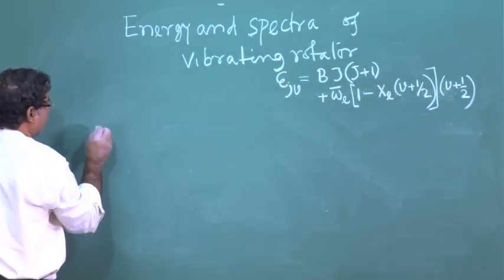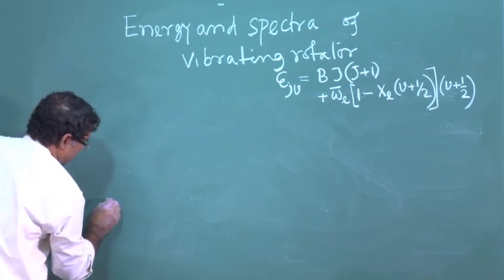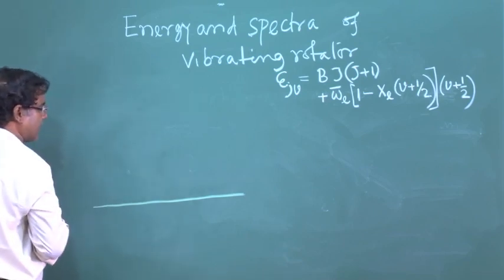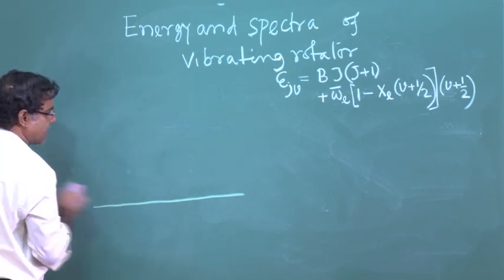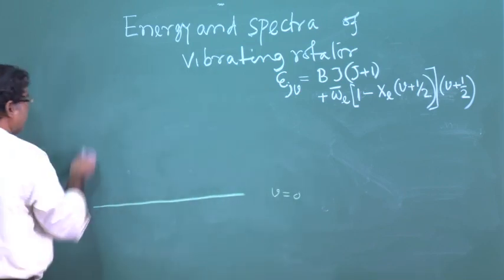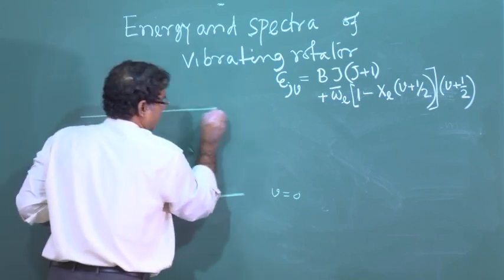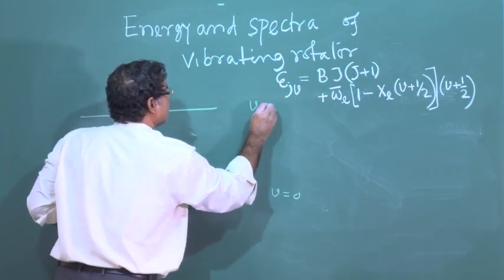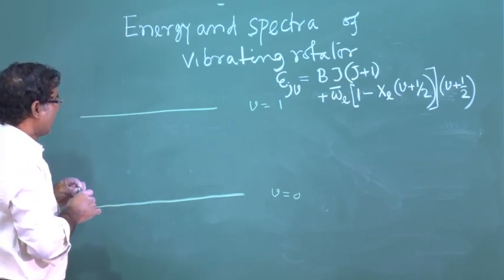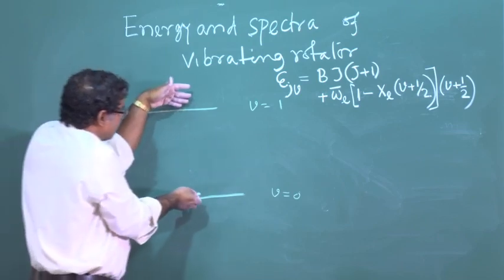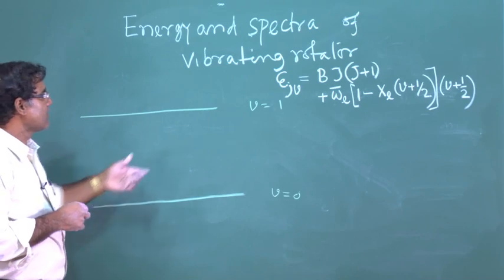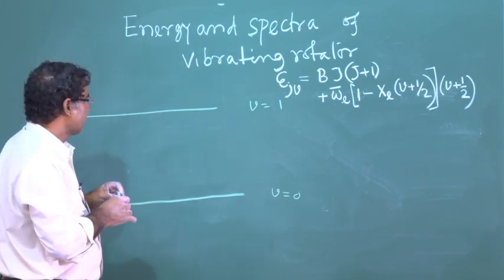If I draw the energy levels, this is the energy level for vibration, V equal to 0, then V equal to 1, similarly V equal to 2, V equal to 3 one can draw. This energy separation is in the range of 10 to the power 3 centimeter inverse.